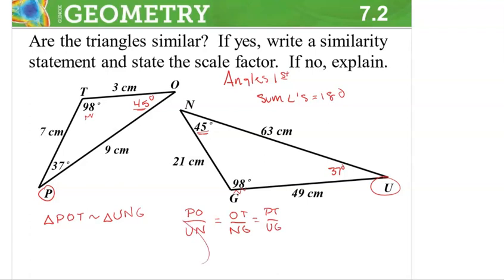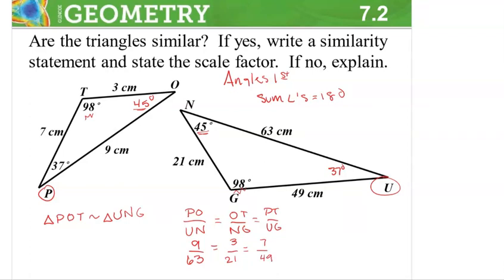So from P to O is 9, and then from U to N is 63. OT is 3, and NG is 21. And then PT is 7, and UG is the last one, 49.